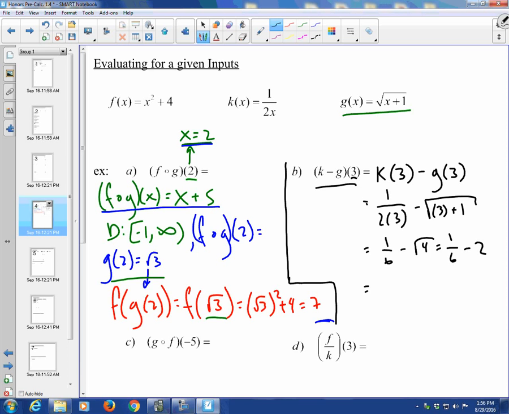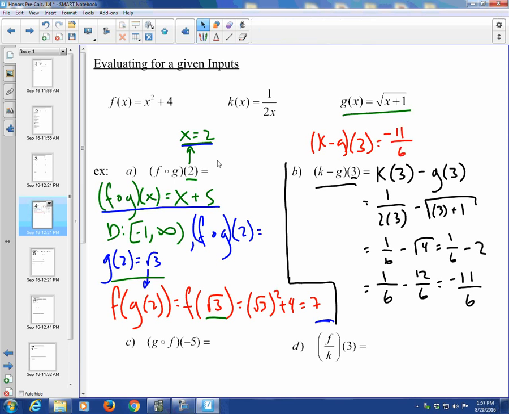And now we can change that 2 to 12 over 6, so we can combine our 2 and our 1/6, so that's 1/6 minus 12 over 6 gives us negative 11 over 6 as our output. So right here, we would then say that k minus g of 3 is negative 11/6.